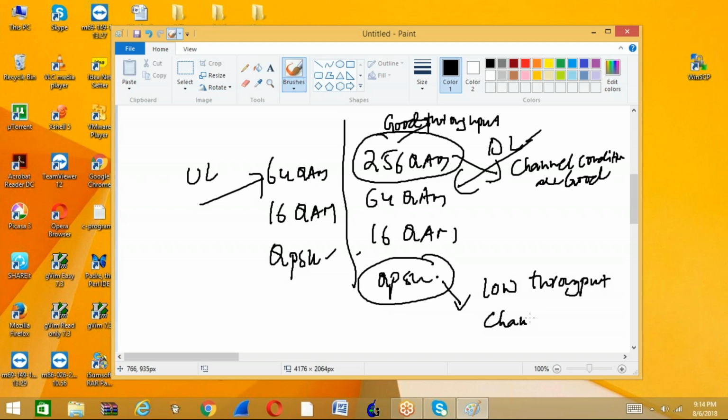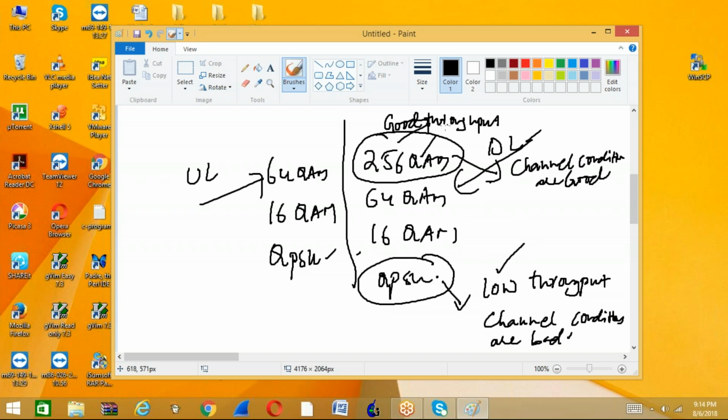When channel conditions are bad, we use QPSK, which gives a low throughput.